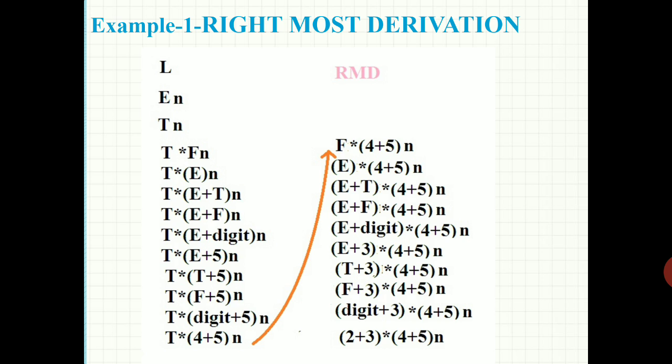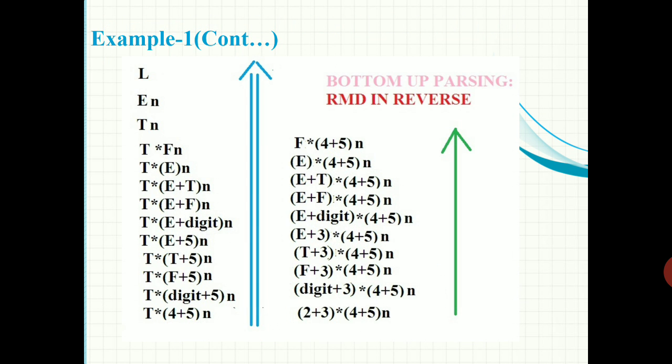We are following the rightmost derivation, that is, the rightmost element is replaced in each and every step. Then the reverse of this is used for the evaluation.